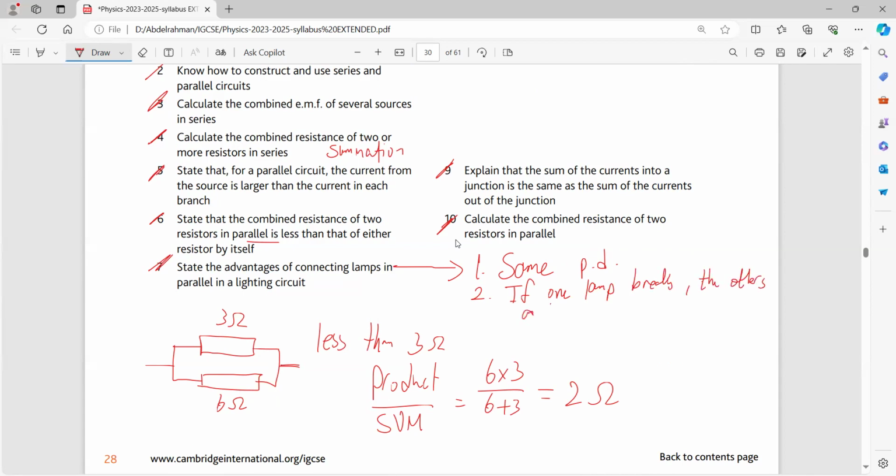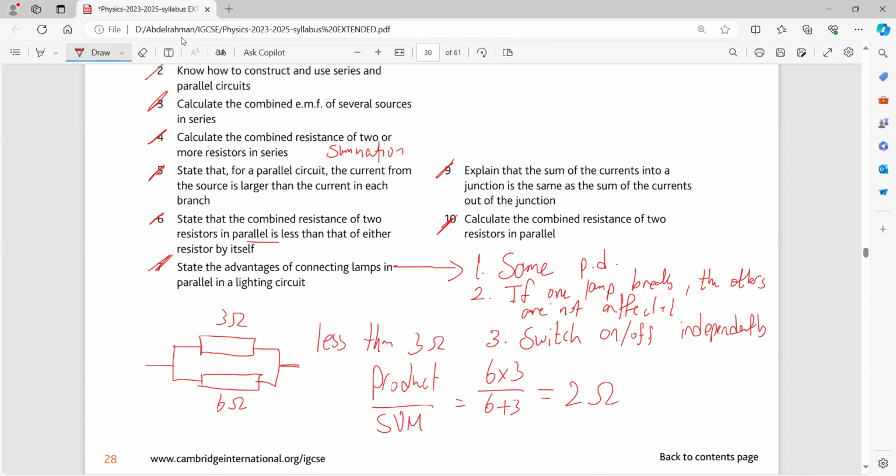And last but not least, we can switch each one on and off independently. That's why we construct parallel circuits: we can have the same voltage, and if one of them breaks, the others wouldn't be affected.